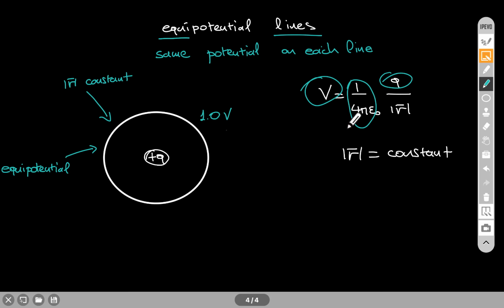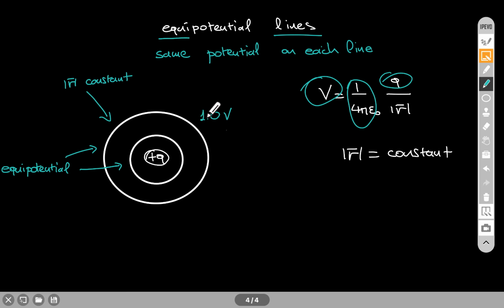Let's add one more equipotential, and we're gonna also pretend it's a circle. Oh, look at this, this is closer to being a circle than the other one. So this is another equipotential.